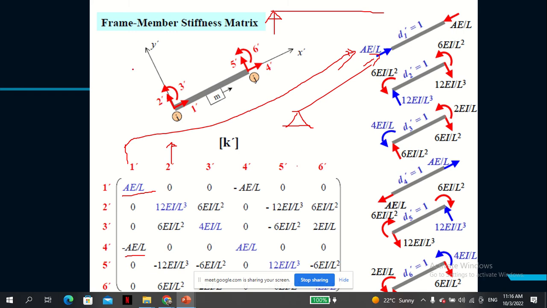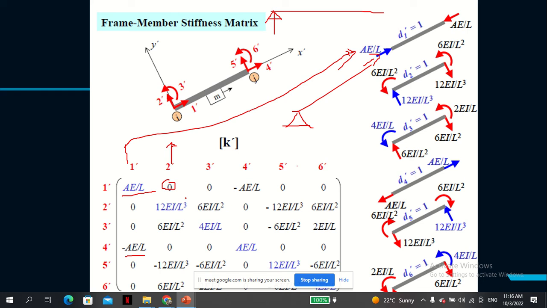But if the beam is just this way, and then you apply a vertical force, that vertical force cannot result in any net horizontal. So this is why you can see the first row here is 0.